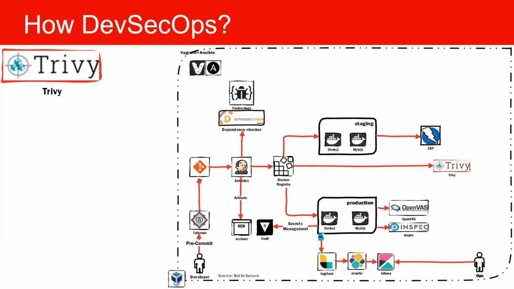So for that, we want to perform container security scanning using a tool called Trivy. Trivy basically executes all the scanning directly on the Docker registry, and it scans all the images and spools out all the vulnerability data.